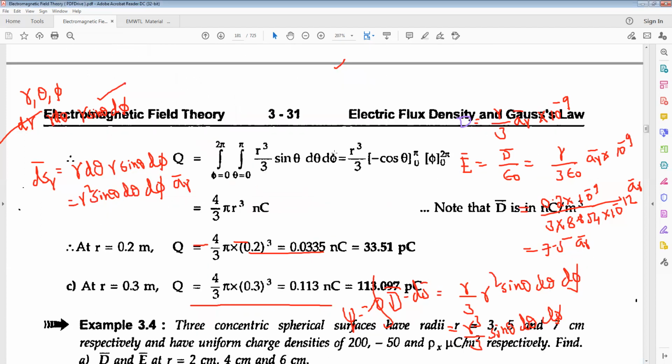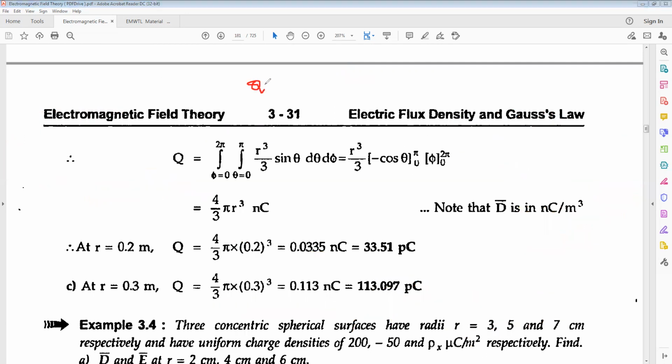You see here the integral is there. r cube by 3 is a constant, with phi from 0 to 2 pi and theta from 0 to pi. Then substitute r equals 0.2, 4 by 3 pi into 0.2 whole cube. We got Q equal to r cube by 3.